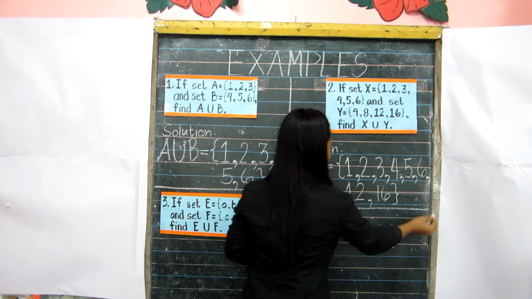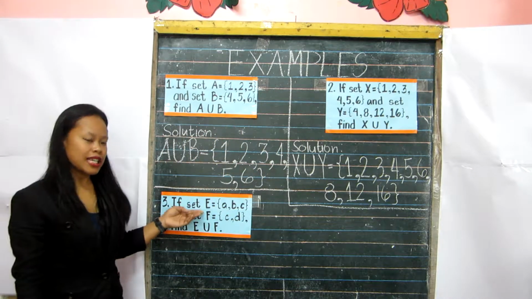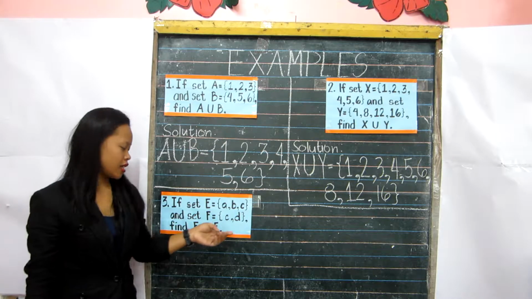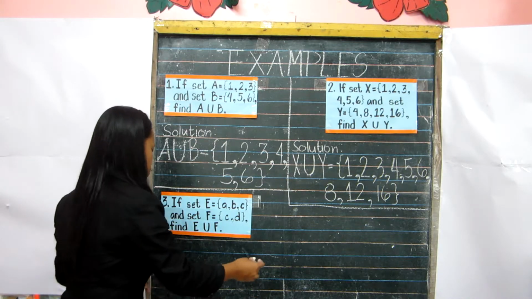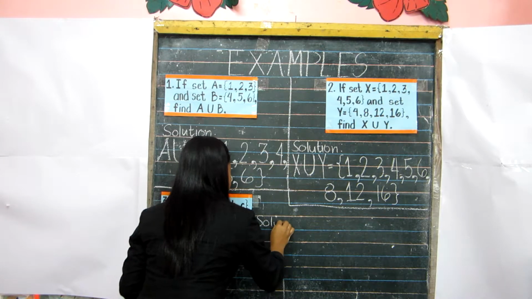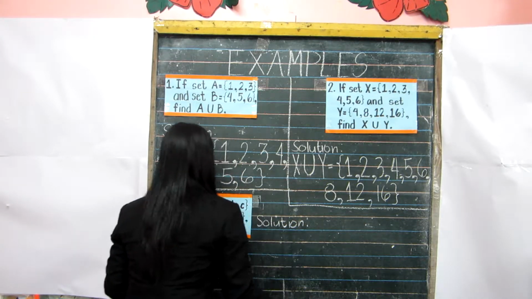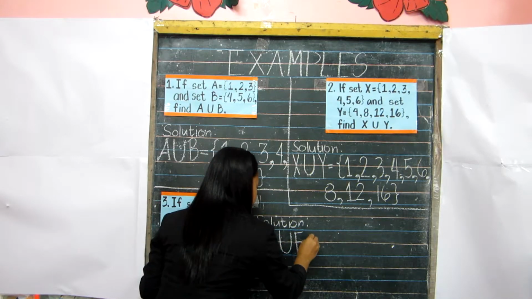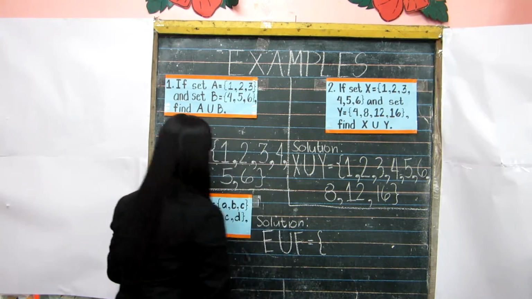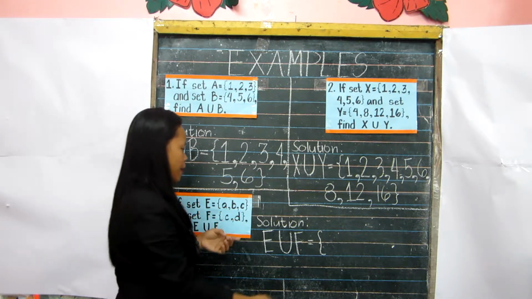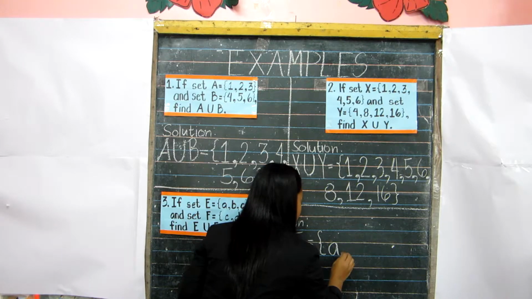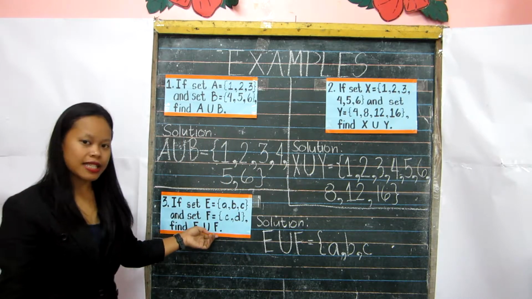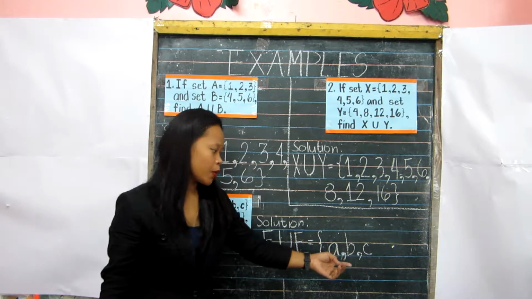For our last example, if set E has the elements A, B, and C, and set F has the elements C and D, we need to find E union F. For our solution, E union F: we first list the elements of set E, which is A, B, and C. Next, the elements of F, which is C and D. Since we already have C here, we don't need to write C again.